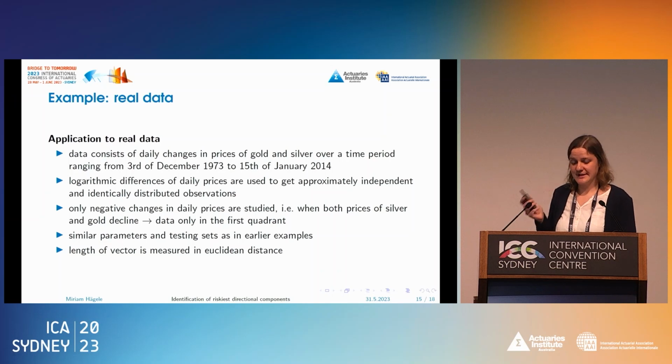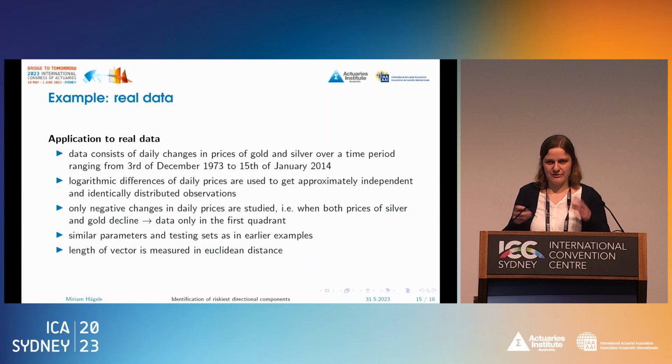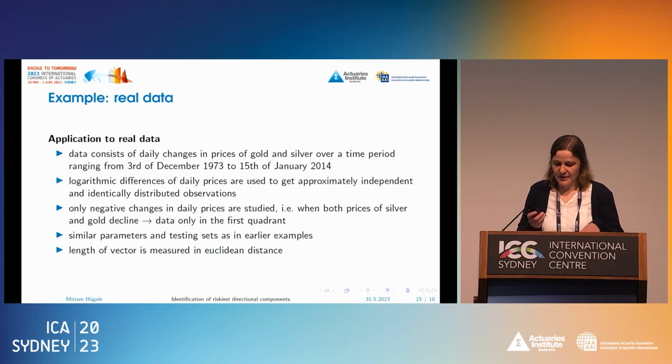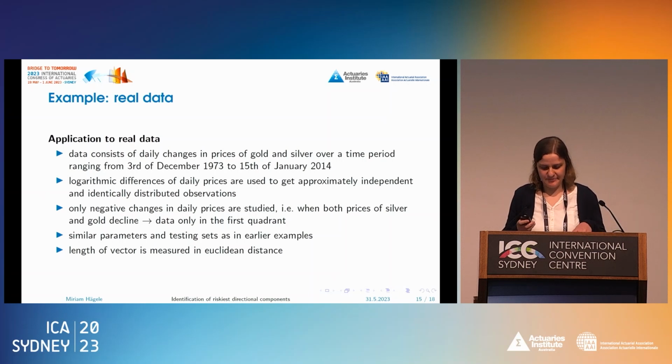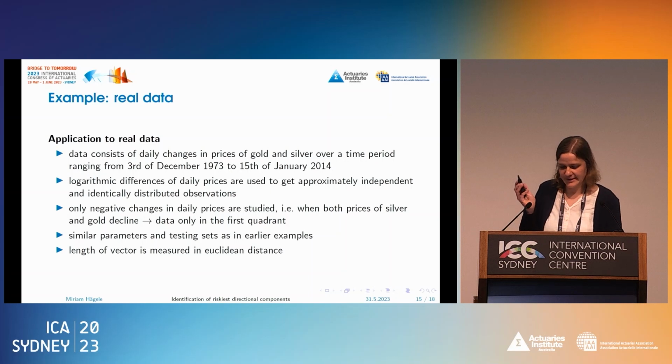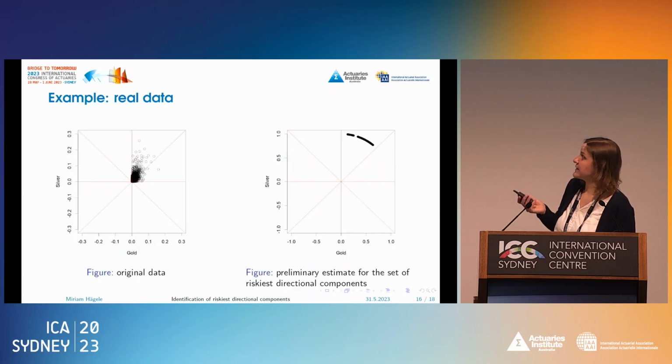We were only interested in the negative changes in daily prices, so when both prices declined. The other parameters were similar as in the earlier examples. Here we can see the real data, now only in the first quadrant of the picture, and here we can see the preliminary estimate.